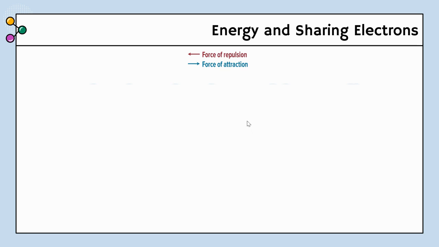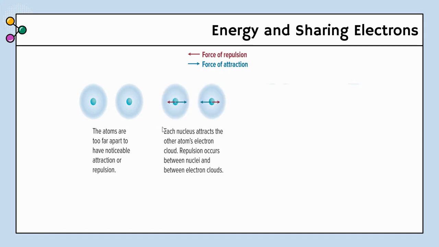And specifically, we can look at energy in terms of the force of repulsion between two atoms and the force of attraction. If we have two atoms and we keep them somewhat far apart, the electrons in the electron cloud around each nucleus are kind of too far away to feel the effect of the opposite positive nucleus.